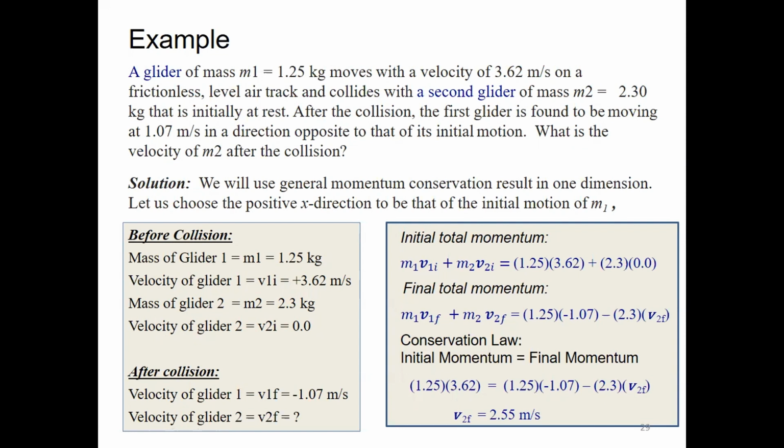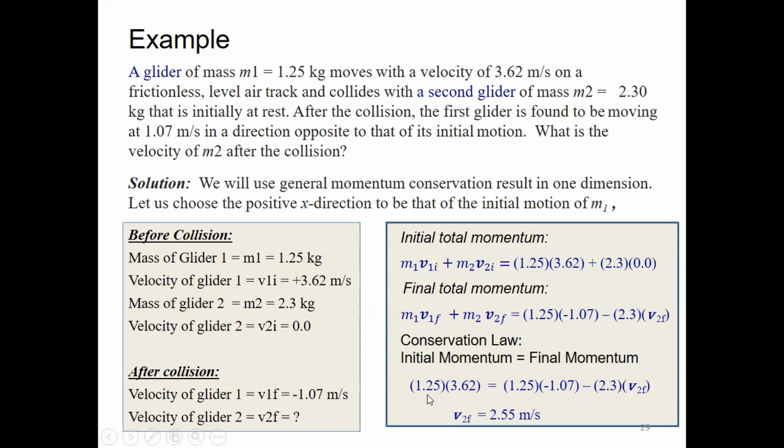After collision, the velocity of the first glider is minus 1.07 meters per second, and the velocity of glider 2 is not known. We substitute the values into the initial momentum. Similarly for the final momentum, we substitute m1, v1, but v2 is unknown, and the conservation law states that the initial momentum is equal to the final momentum.